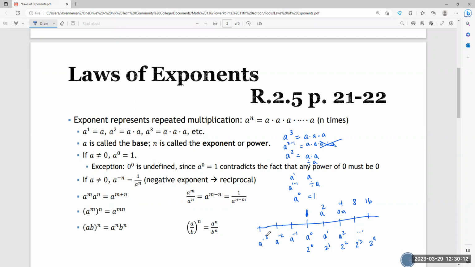Well, if we continue, subtracting 1 from the power is dividing by the base, we would then have 1 divided by A. And then we would have 1 divided by A divided by another A, which would be 1 divided by A squared, 1 divided by A cubed. So a negative power means it's that base to the positive of that power on the bottom. So A to the negative N equals 1 over A to the positive of that power.